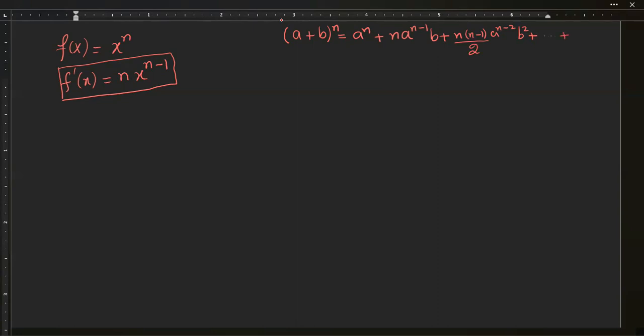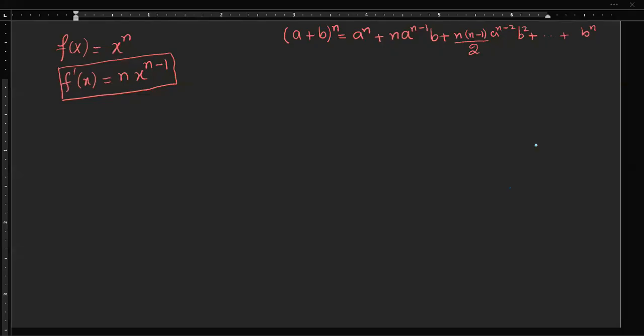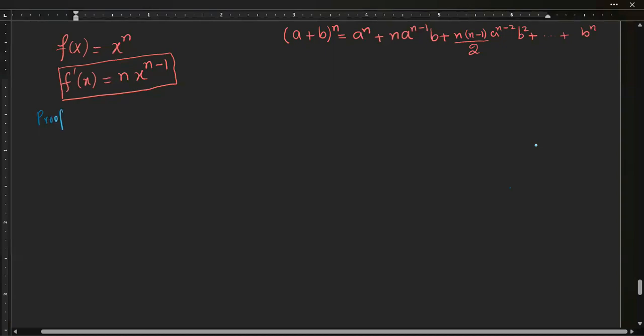So you can look for this formula on internet. Then we have b^n. Yeah, so that's how the formula looks. So हम इस formula को इस्तेमाल करेंगे. So let's start the proof.